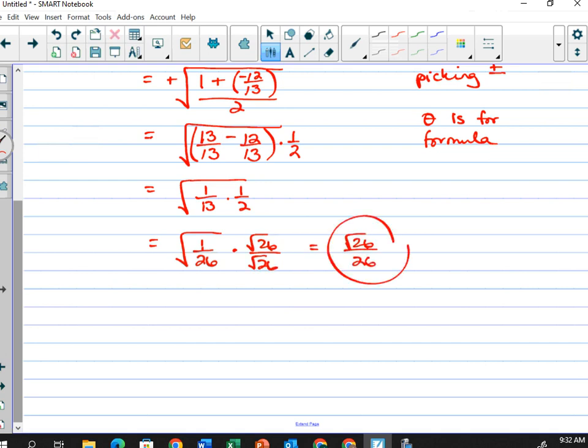Root 26 over 26 when you rationalize? Yes. We got it.